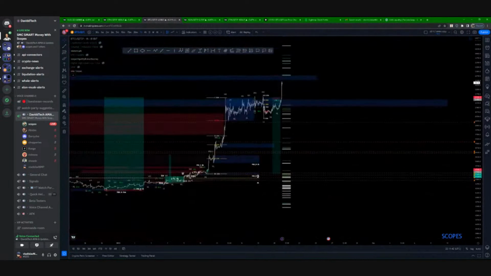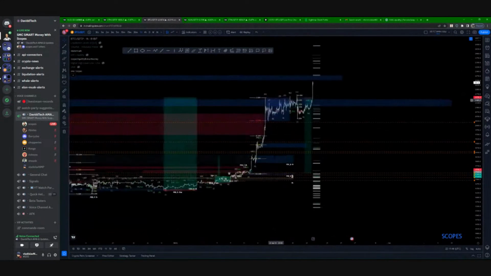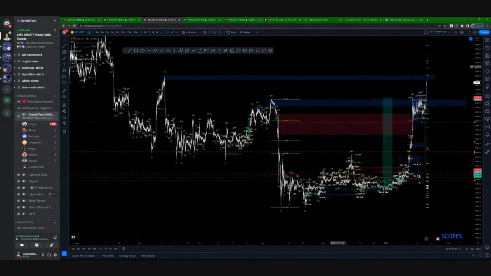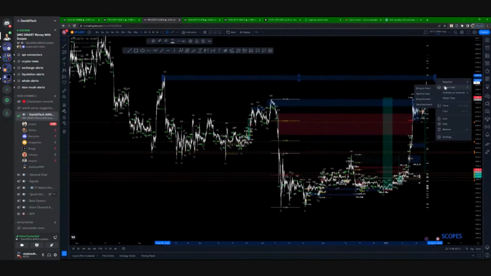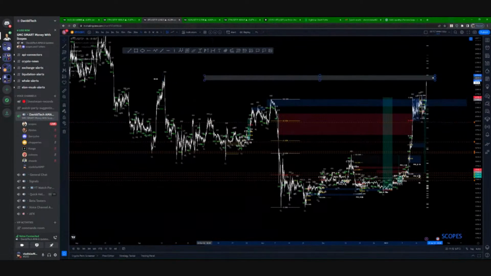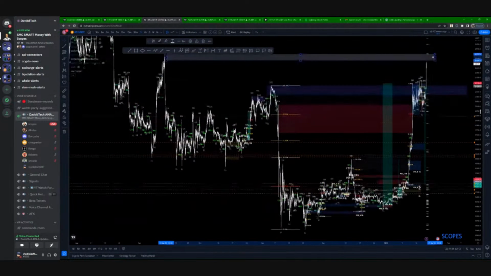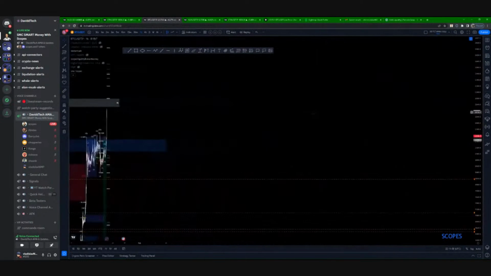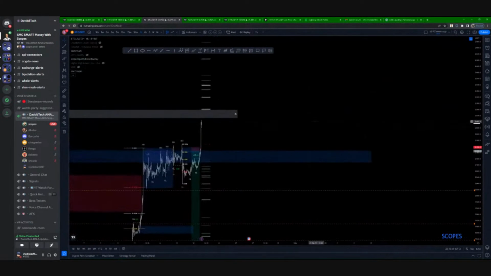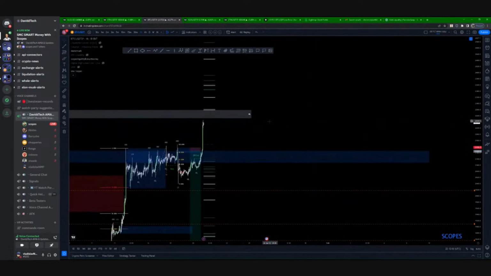So basically, all a key level would be is just a support and resistance zone.